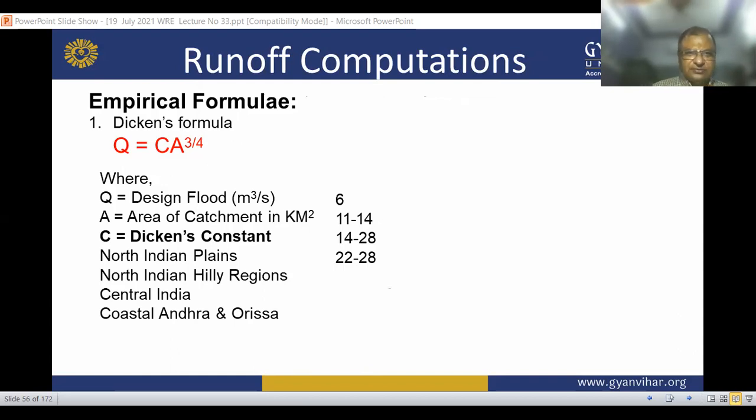The formula is Q equals C times A to the power 3/4, where Q is the design flood, A is the catchment area in km squared, and C is a constant, with different values for the North Indian plains, North Indian hilly region, central India, and coastal Andhra and Odisha.